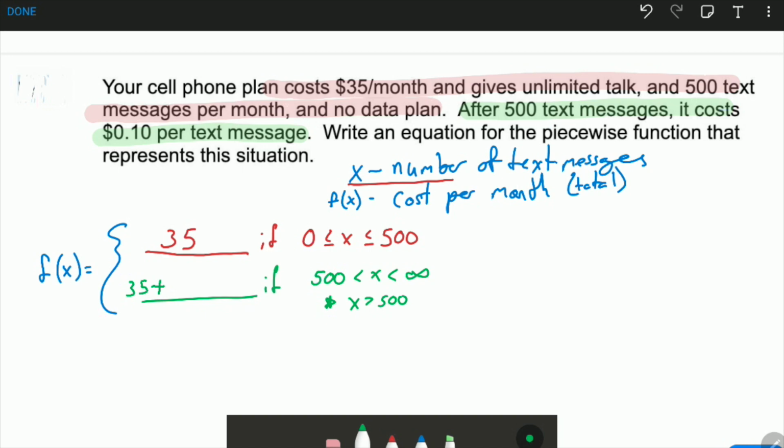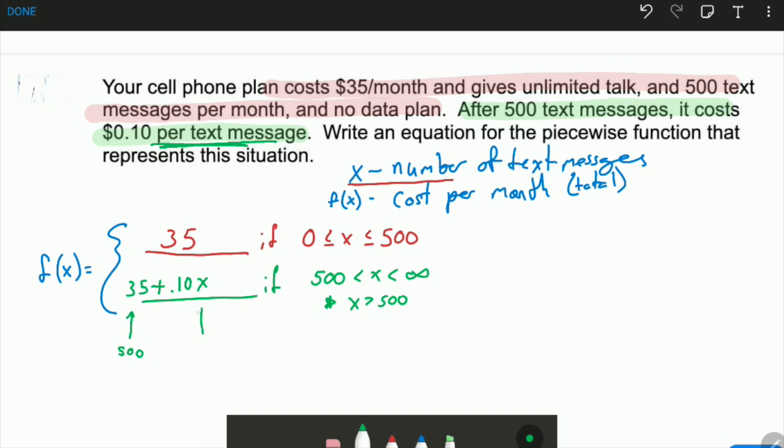Now, normally we would probably put 0.10x, right? Normally that's how it goes with a lot of the word problems. Per x, per typically tells us we're going to put an x there. However, that's not the case in this particular situation, because remember that the $35 already counts for 500 text messages.